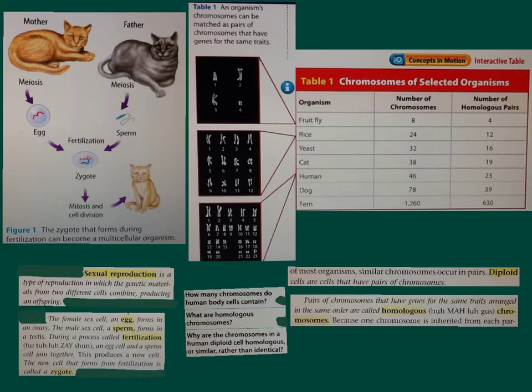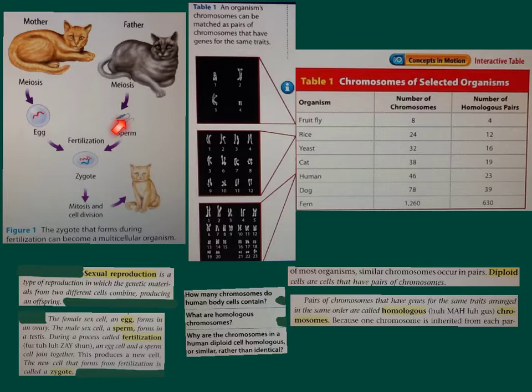Okay, and with that information about the mother and the father, the sex cells being the egg and the sperm, combining together to fertilize or make fertilization, producing a zygote, which after meiosis and cell division produces a cat, another feline off of the 2 cells that were provided.